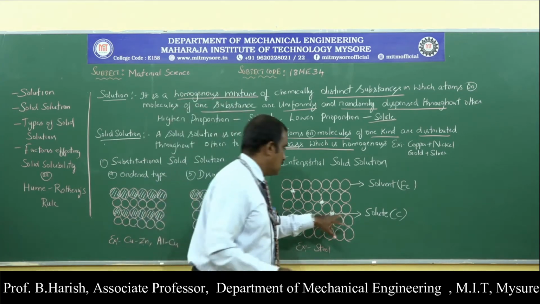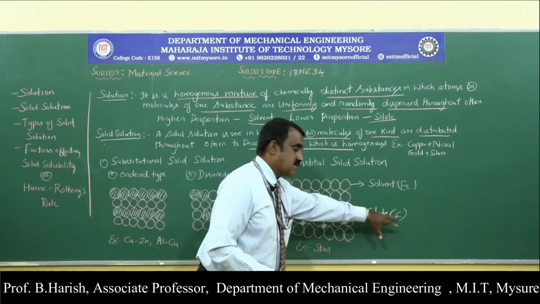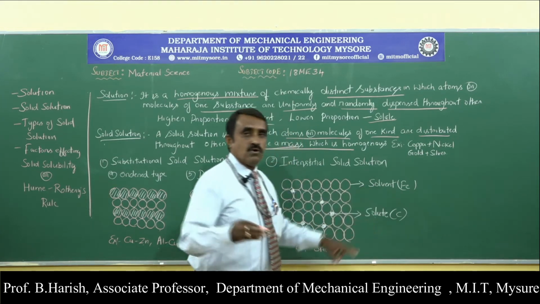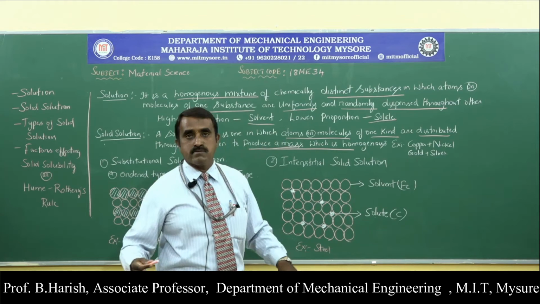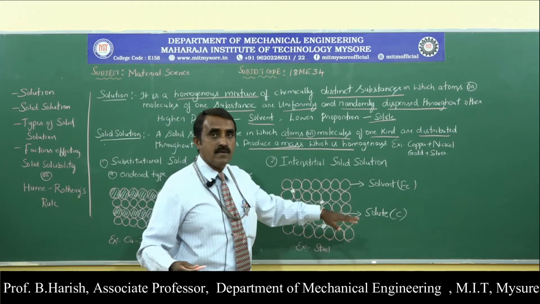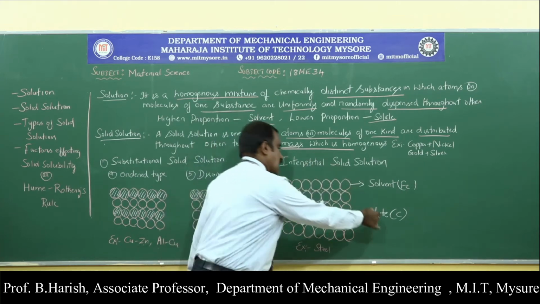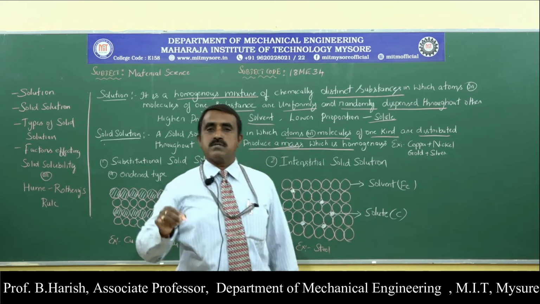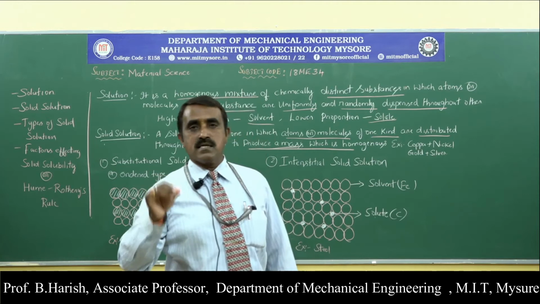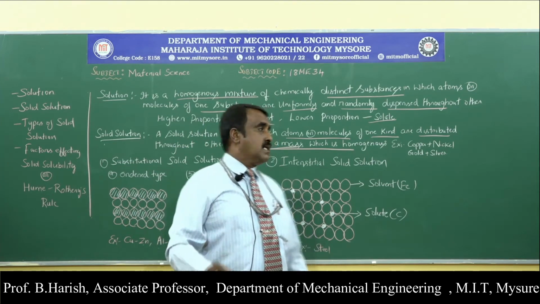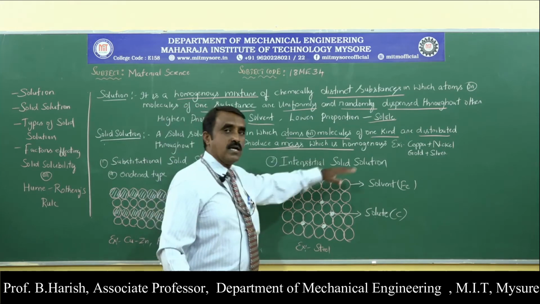You can see this is the solute atom, that is carbon, and this is a steel atom, the solvent. As I told, the higher percentage will be the solvent, the lesser percentage will be the solute. So in steel, the carbon atoms that are induced into steel occupy the interstitial space. That is called an interstitial solid solution.